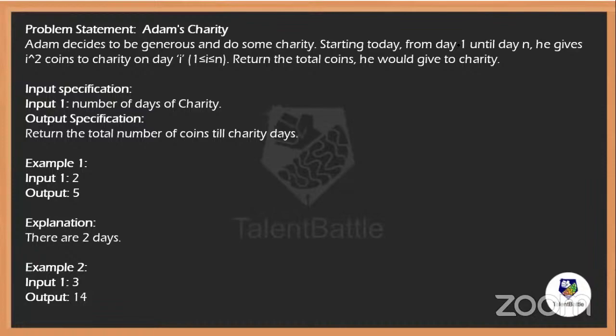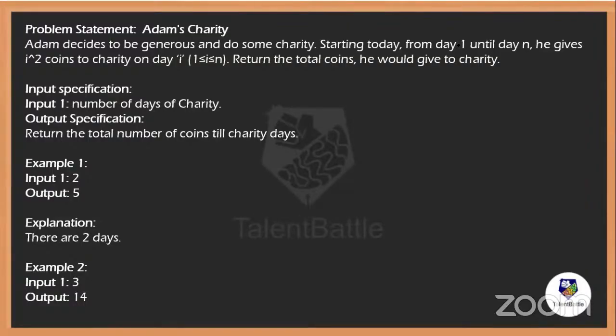So the problem statement says Adam's charity. Adam decides to be generous and do some charity. Starting today from day 1 until the day n, he gives i raised to 2, meaning i square coins to charity on day i. Meaning whatever is the value of i, that value's square is the amount of coins Adam will use for charity.